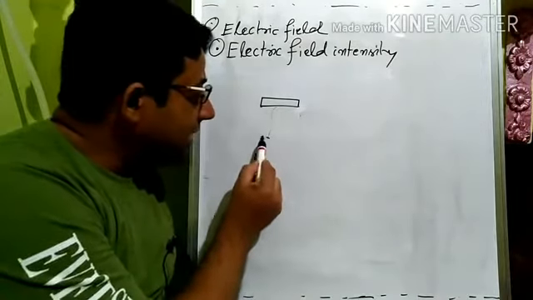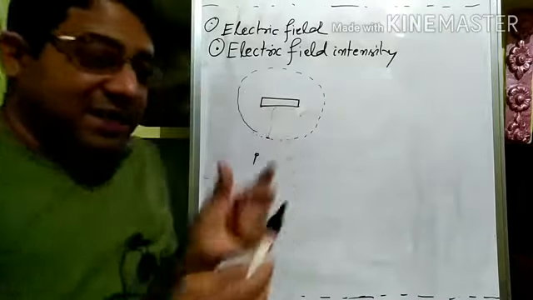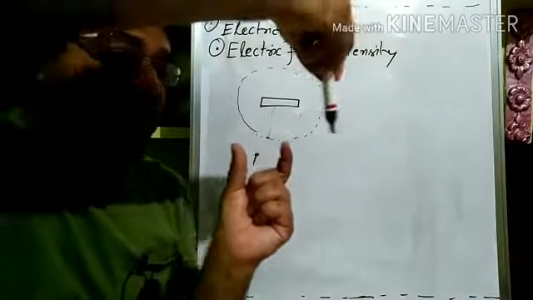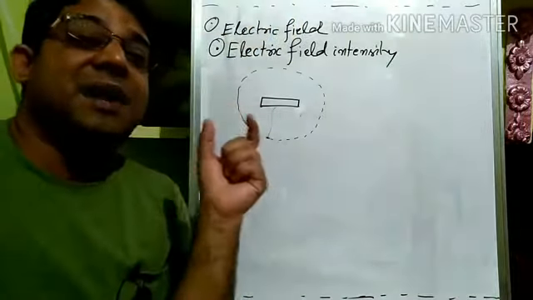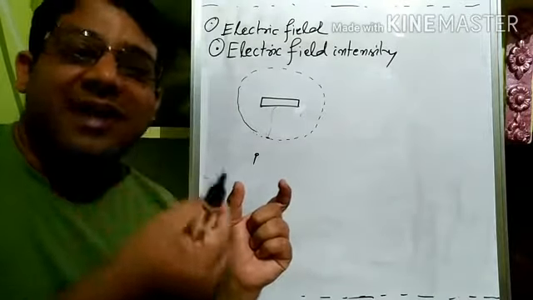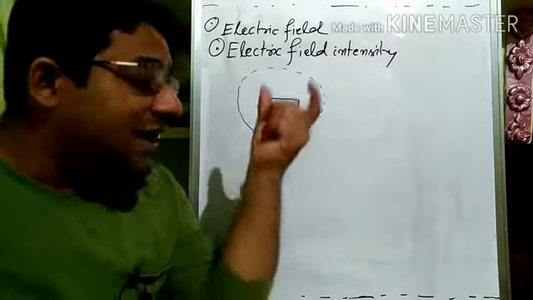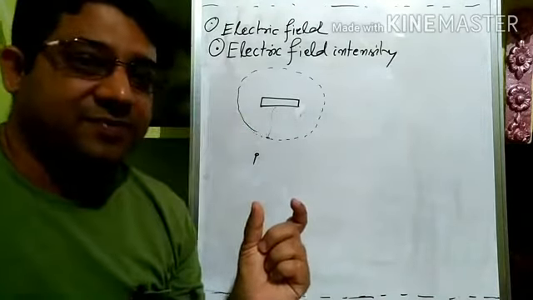So, if there is a magnet, there will be a space around the magnet within which the effect of this magnet is experienced, not by everybody, but by an iron piece, and that space around the magnet is called the field of the magnet. Clear?